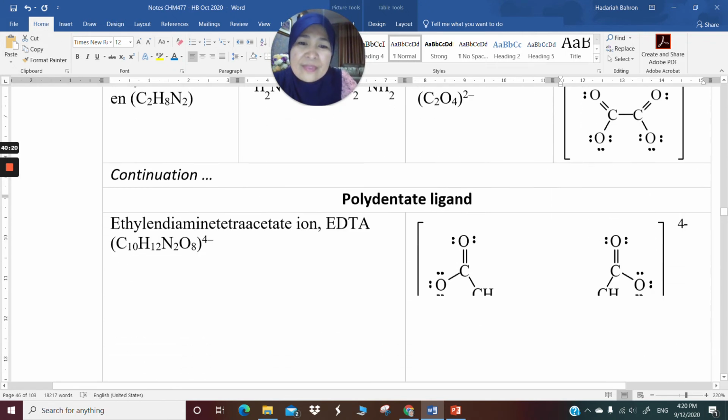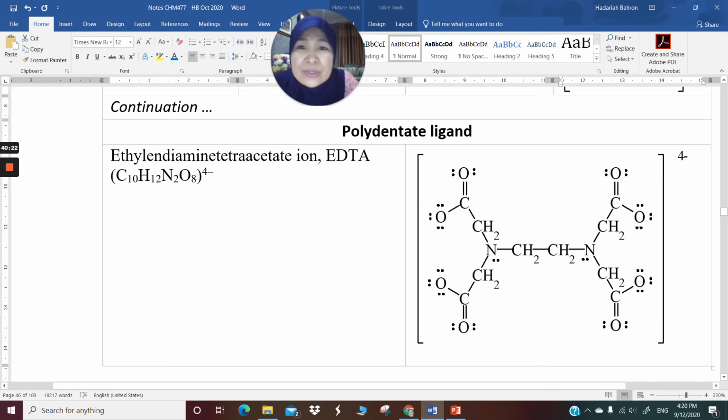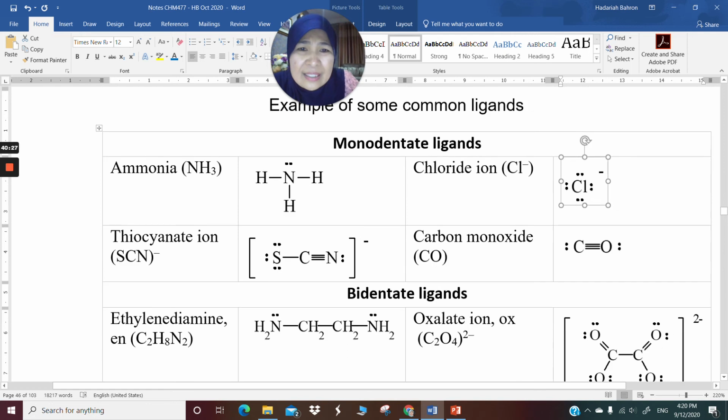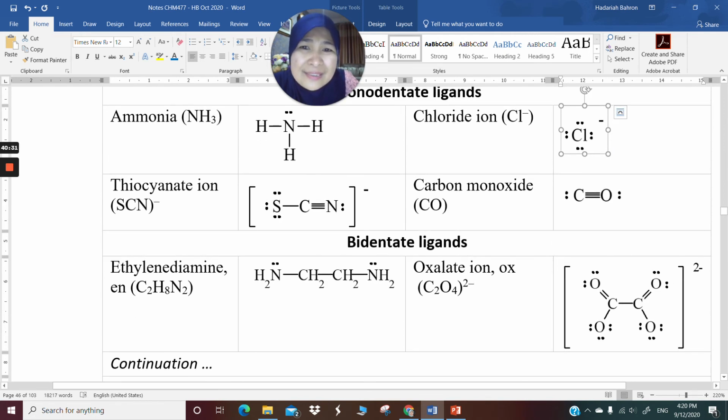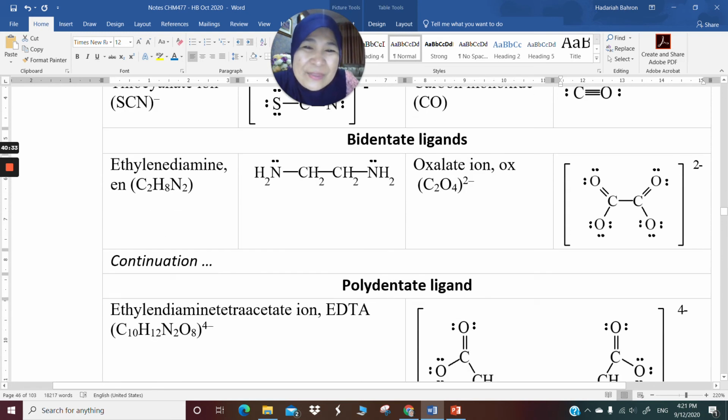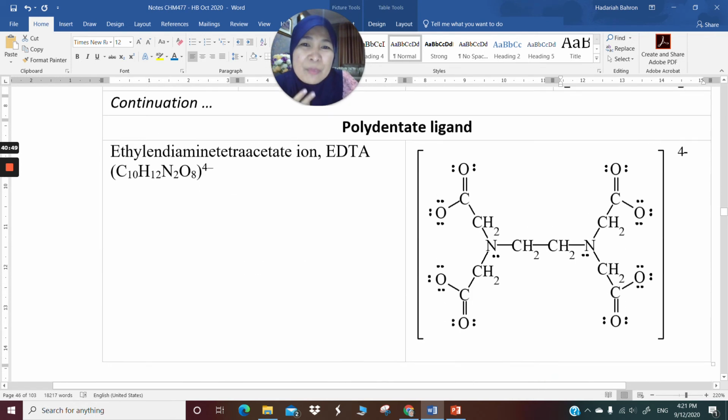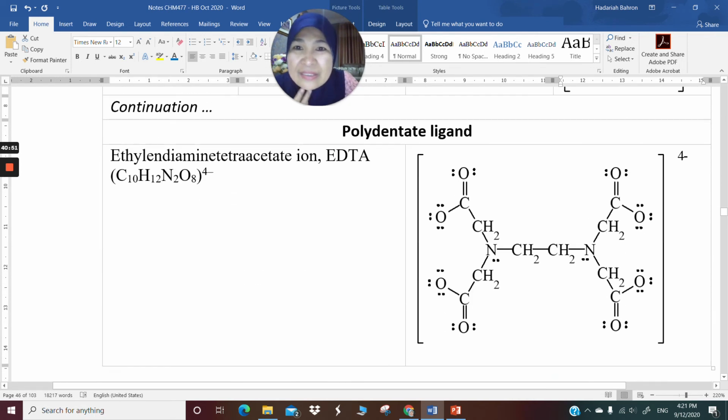And there is also a term of polydentate ligand, many teeth ligand. This is a one-tooth ligand, ligand dengan satu gigi. Here you have a bidentate ligand. Dentate in Greek means, again, from the word dental, teeth. So you have bidentate ligands, ethylene diamine and oxalate, but polydentate, many teeth.